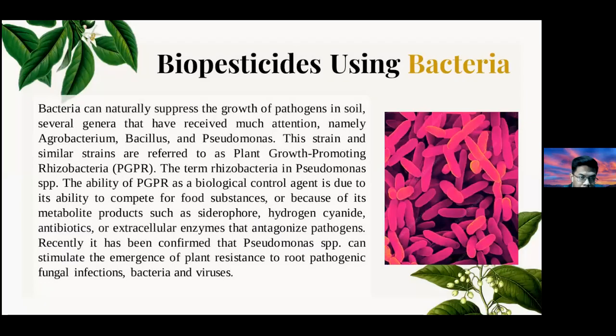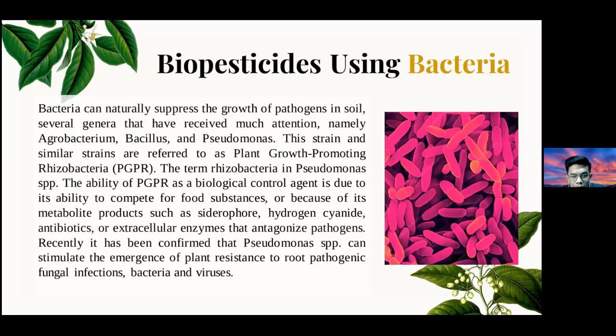Next. Biopesticides using bacteria. Bacteria can naturally suppress the growth of pathogens in soil. Several genera that have received much attention, namely Agrobacterium, Bacillus, and Pseudomonas. This strain and similar strains are referred to as plant growth promoting rhizobacteria, or PGPR.